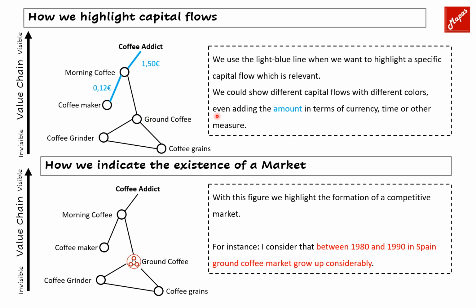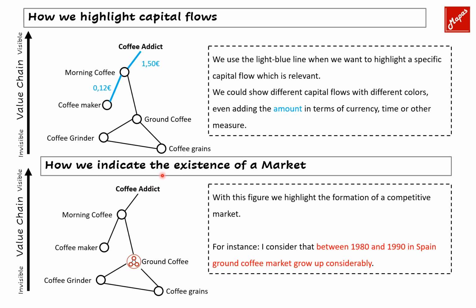We can also add the amount in terms of currency, time, effort, or whatever we are representing. For instance, if we are representing a map where data is represented, the data transition from one component to another could be the flow that is represented on that map.